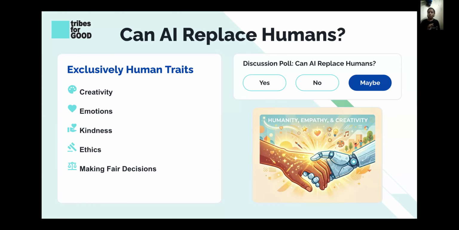Thank you. So, first of all, according to me, yes, AI can replace humans because AI has built-in creativity, ethics, and making fair decisions, and as per a few Instagram reports, emotions are also built into AI, like ChatGPT.